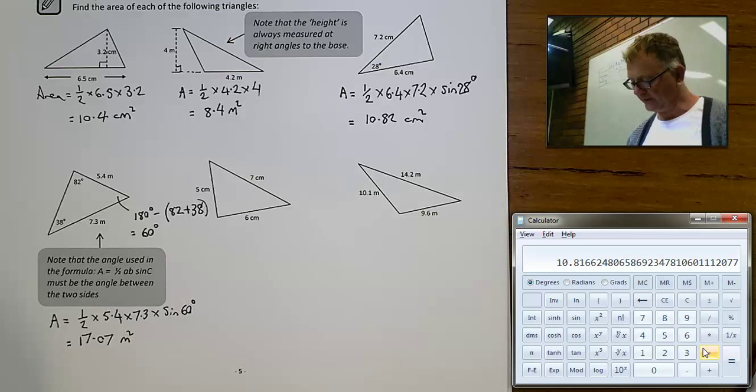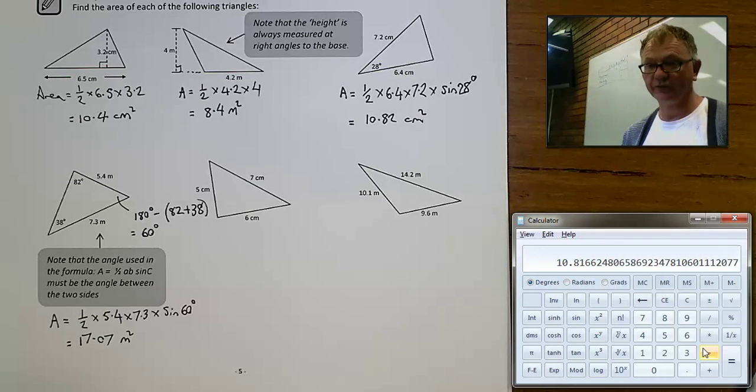The next questions here involve Heron's formula. Now, Heron's formula is a method for working out the area of a triangle if you know three sides of the triangle. So, the first thing that you have to calculate when you're using Heron's formula is what we call the semi-perimeter of the triangle, half the perimeter.